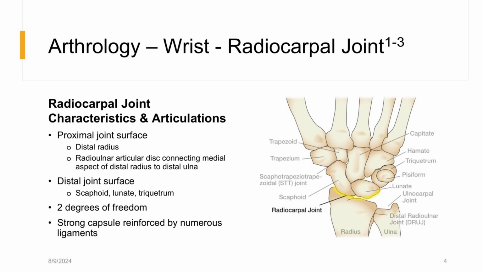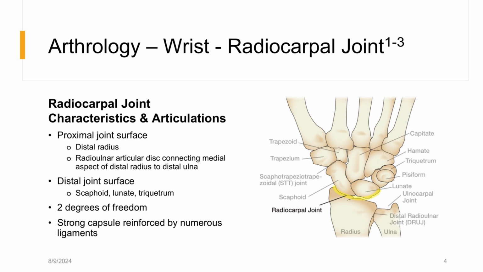All right, so you have the radial ulnar articular disc connecting the medial aspect of the distal radius to the distal ulna as well. Your distal joint surface, again, we talked about the scaphoid, lunate, and triquetrum are the proximal row of carpal bones articulated with the distal radius.